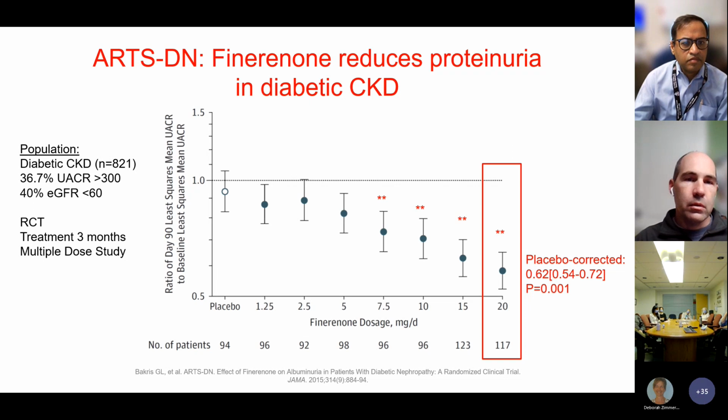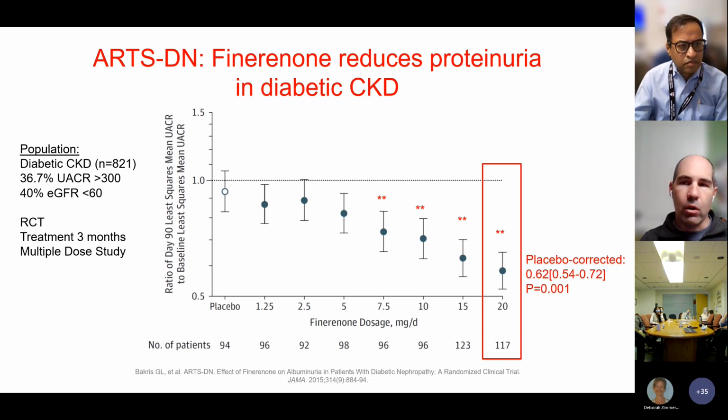So finerenone is the nonsteroidal MR antagonist. And in their pilot studies, I'm not going to show any of the studies they did with heart failure, but as they looked in other indications, so diabetic kidney disease, they tried to figure out what dose to use.